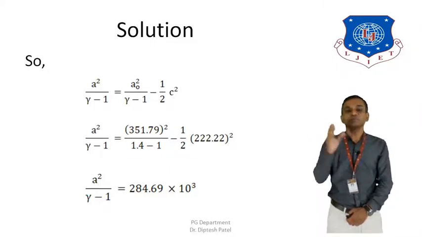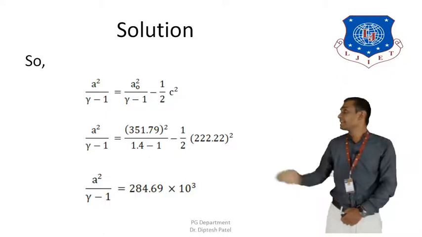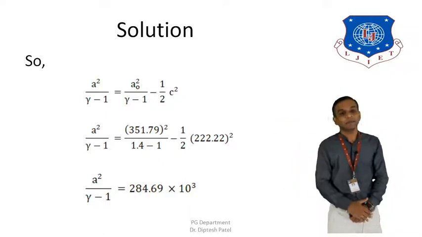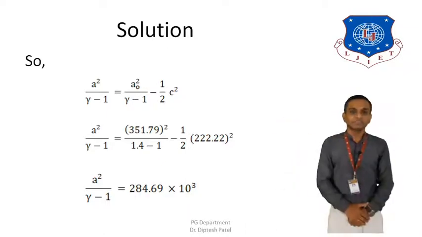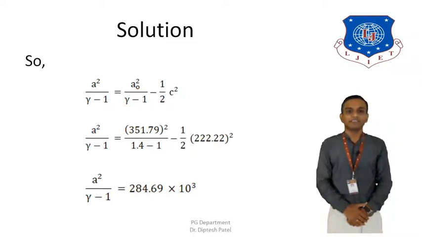So I'm just going to put the values in that equation, and it can be written as a square upon gamma minus 1 is equal to 351.79 square divided by 1.4 minus 1, minus 1 divided by 2 inside the bracket 222.22 square.